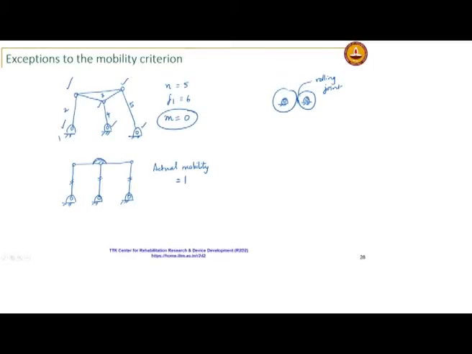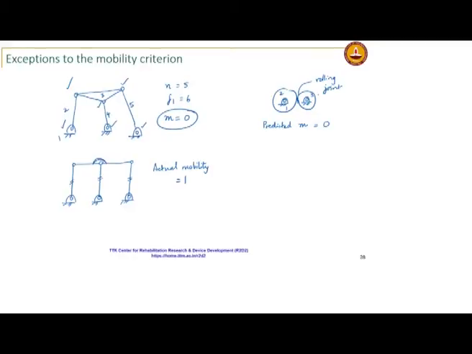Here, if you use the mobility equation, what happens? What does it predict the mobility to be? Predicted m will be 0, but you know that this friction can transmit motion to the other disc. Its actual mobility is 1.